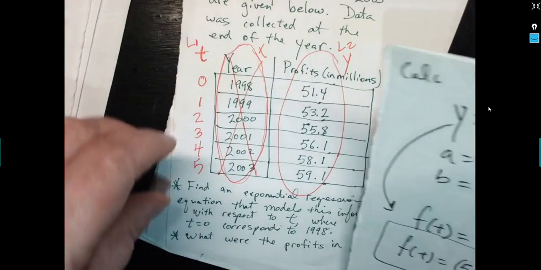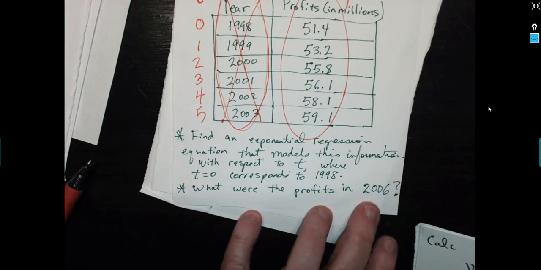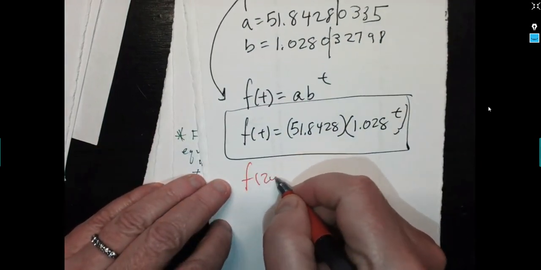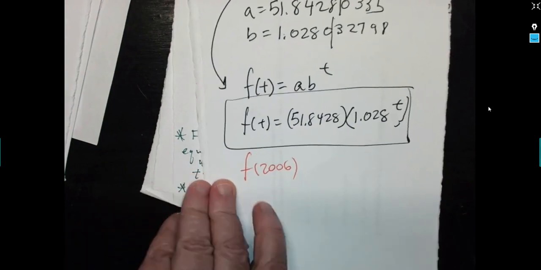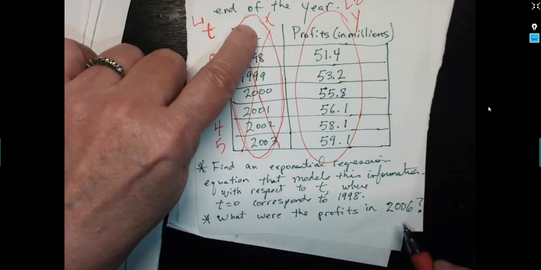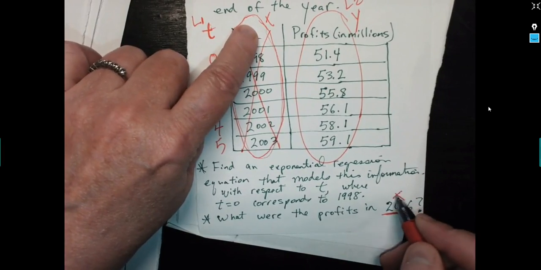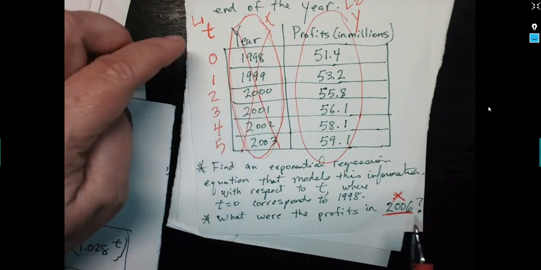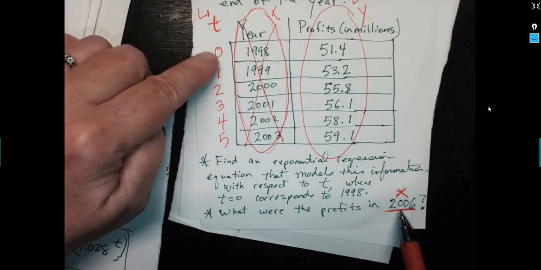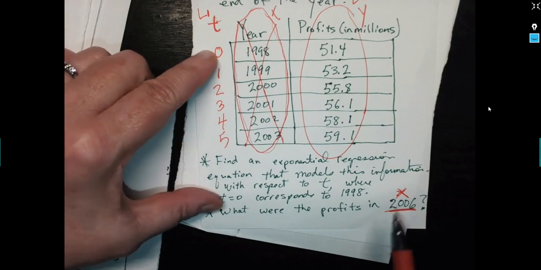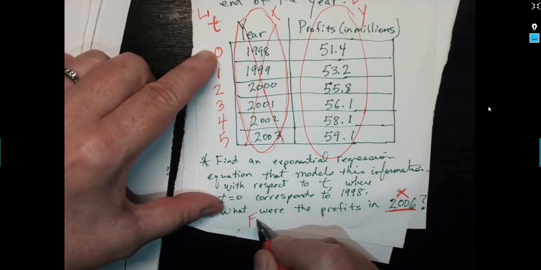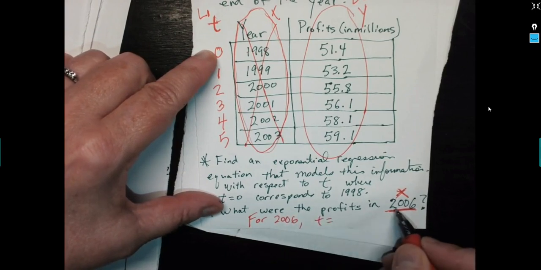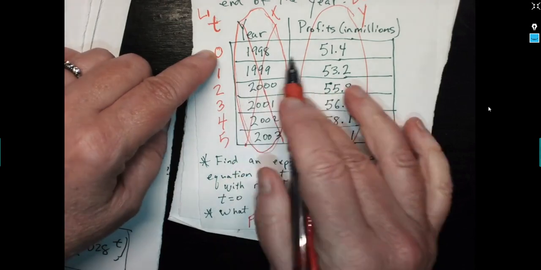Okay. Now, what were the profits in 2006? What we don't do is plug in 2006 directly, because 2006 was an x value. And we have to convert 2006 to a t value. Now my time began in 1998. So for 2006, t is going to be the years after 1998.